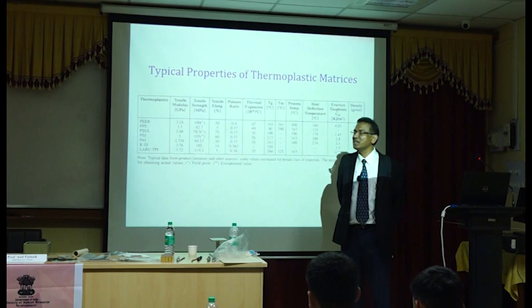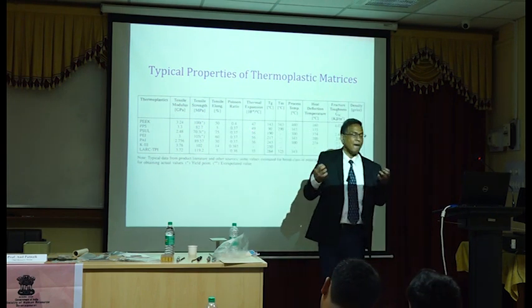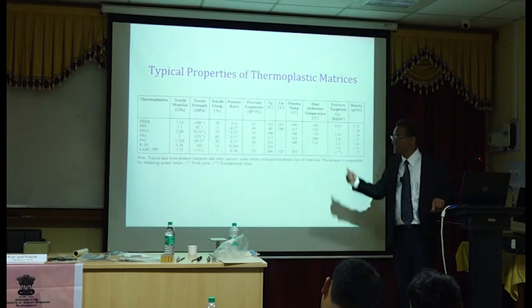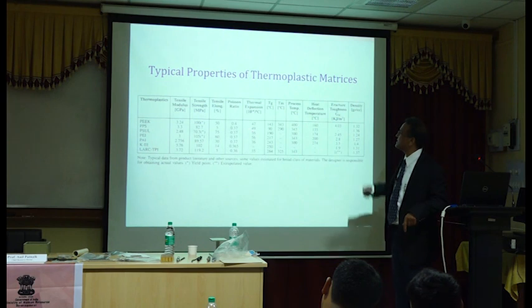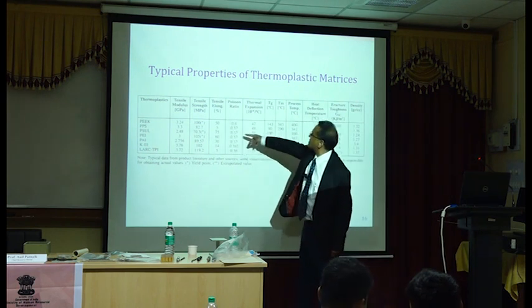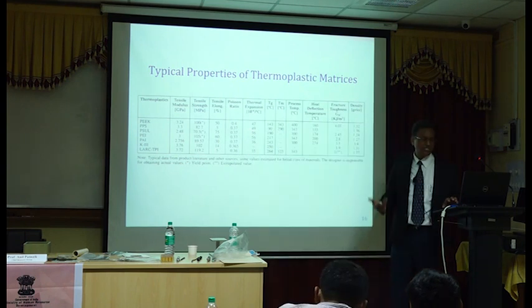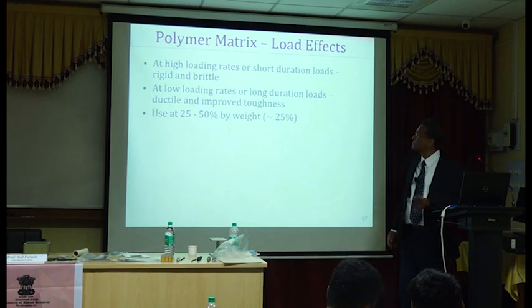So any material with large elongation will absorb more energy. That's a very good example. And it's a very large elongation in terms of percentage, and then Poisson's ratio again 0.37, 0.38, same as the other ones.